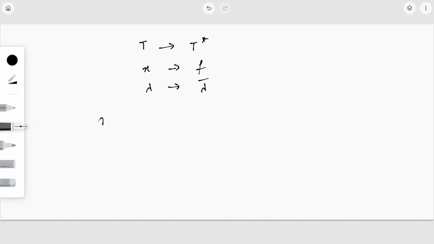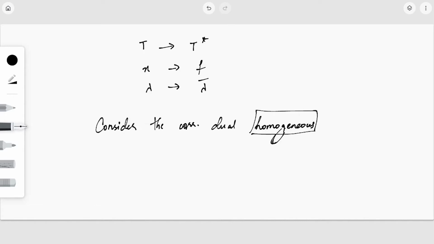So consider the corresponding dual equation, and one more thing that we have to keep in mind is that we are considering the homogeneous equation. Homogeneous means that it is equal to 0. Consider the corresponding dual homogeneous equation T star f minus lambda bar f equal to 0.